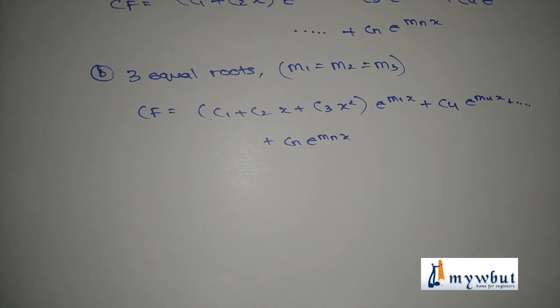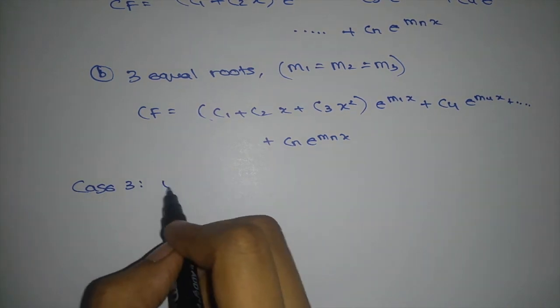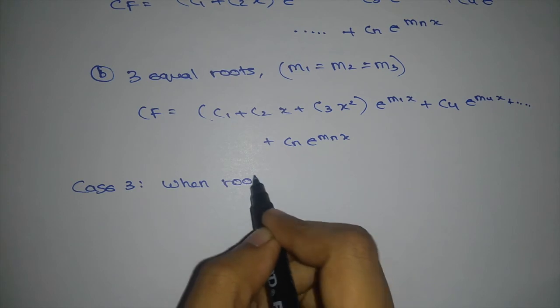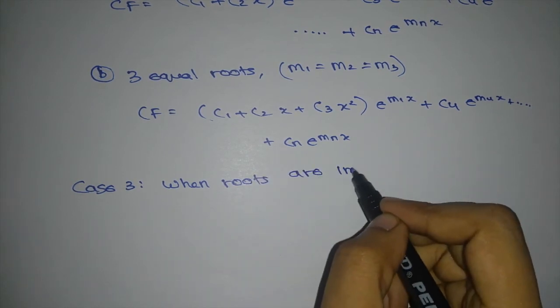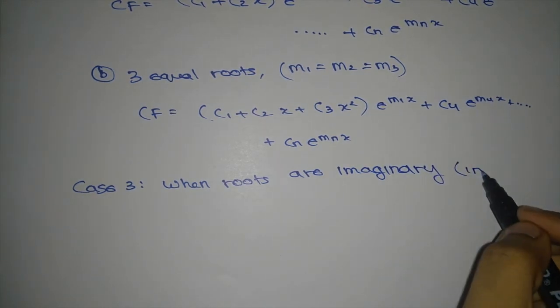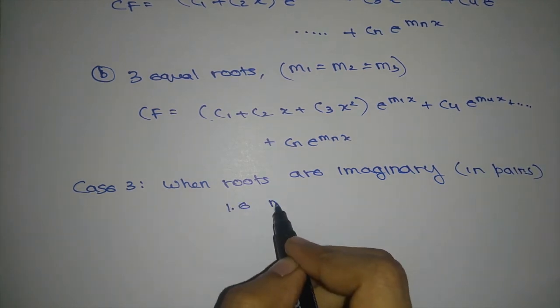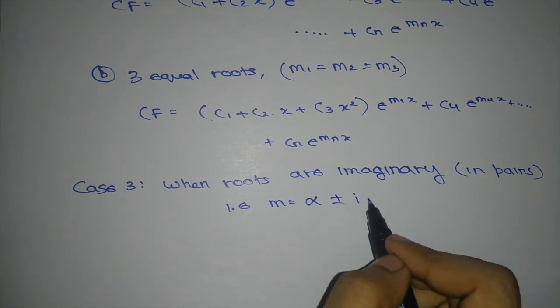So what would happen if the roots are imaginary? In the first two cases, we have found the complementary function when the roots of the auxiliary equation are real. For case 3, when roots are imaginary, in pairs, they must always be imaginary in pairs, that is, m is equal to alpha plus minus i beta.